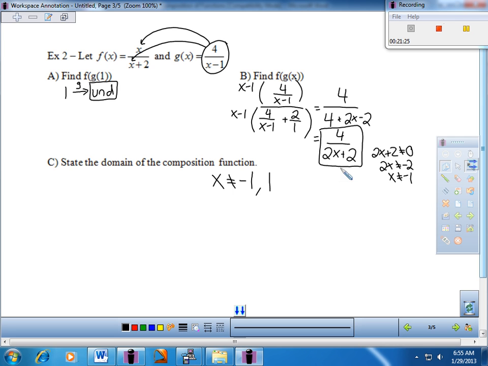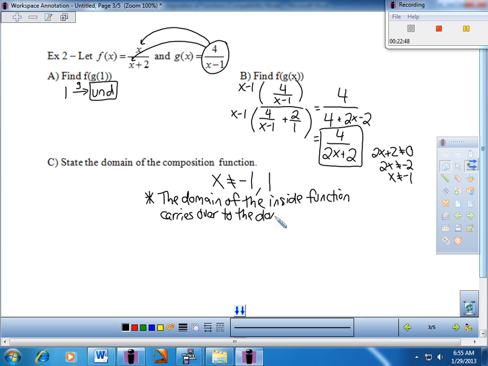So I guess here's how I'm going to say it up on my board. And then again, if you have some questions to re-clarify this, please don't hesitate. But basically the idea is the domain of the inside function carries over to the domain of the composition function.